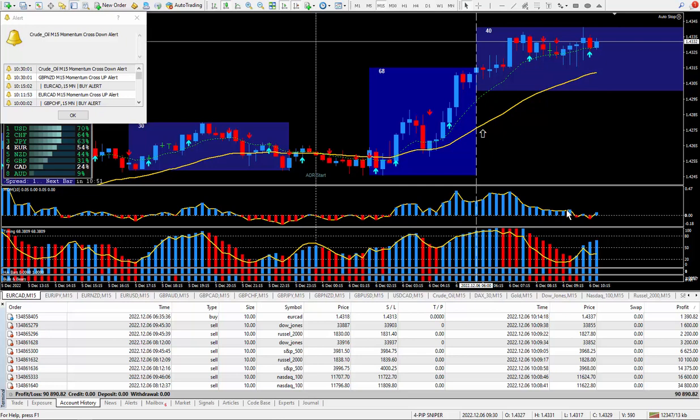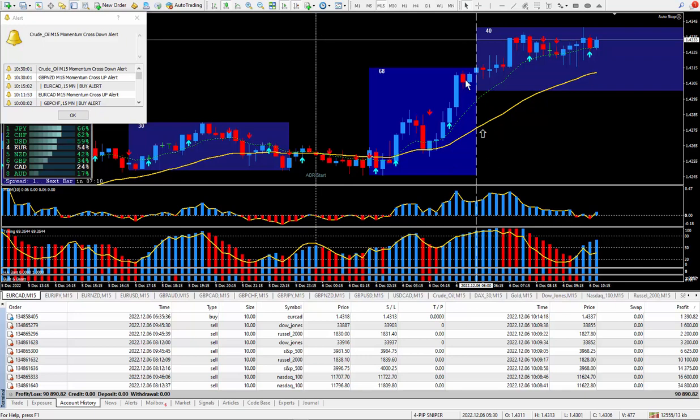Or of course, if it goes from blue to red, it'll say cross down. Now I had this one turned on and that's why it popped up here, but I am using the arrows for the super signal, and the bulk of them in here were from the super signal indicator.